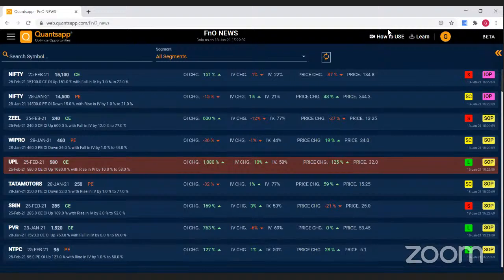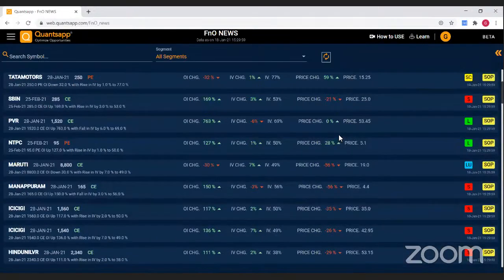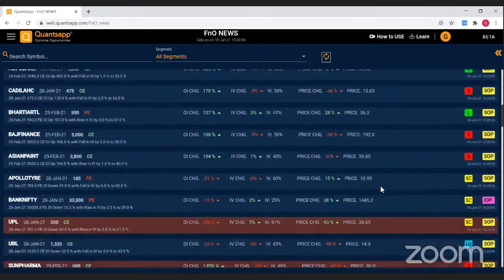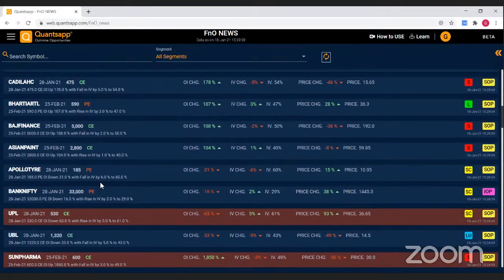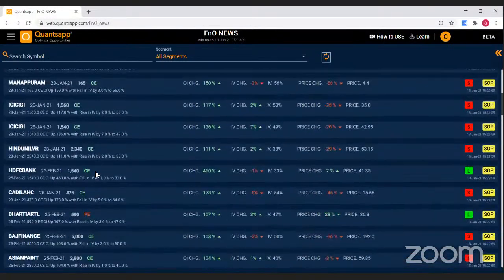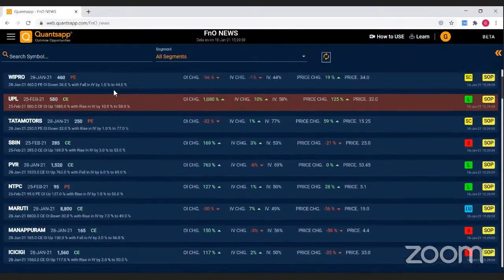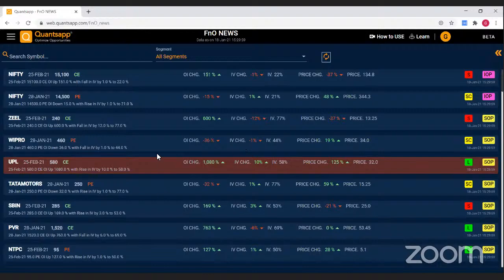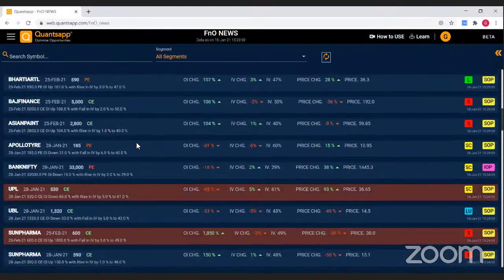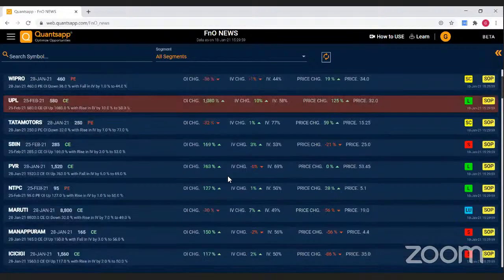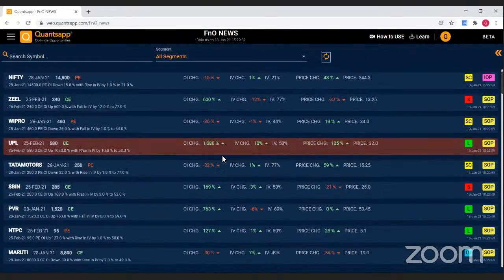alerts are coming everywhere. So rather than that, you can also check this every 5 or 10 minutes; it will hardly take you any time. If I say, for example, Apollo Tyres, from this particular strip you can see the number of strikes that have come here, and only one had a good amount of build-up.